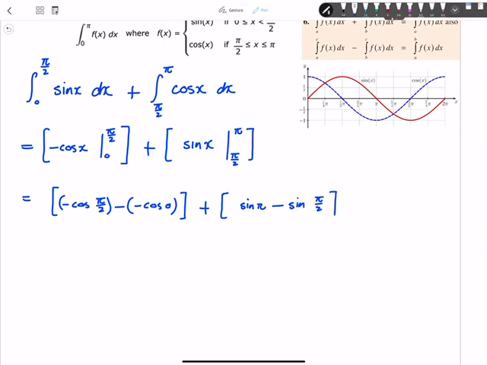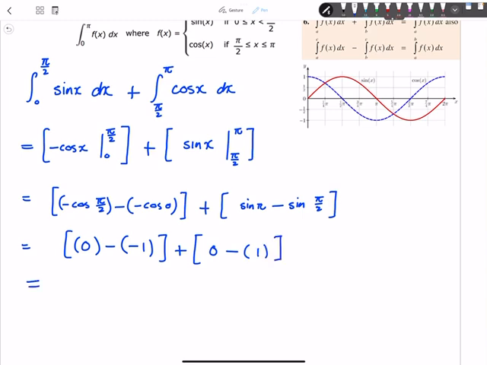If you forget the values of sine and cosine at these sort of common angles, I included a graph to remind you. We know that cosine evaluated at pi halves is equal to 0, minus cosine evaluated at 0 is equal to 1, but this is a negative function, so this will be negative 1, plus sine evaluated at pi, we can see here that's equal to 0, minus sine evaluated at pi halves is equal to 1.